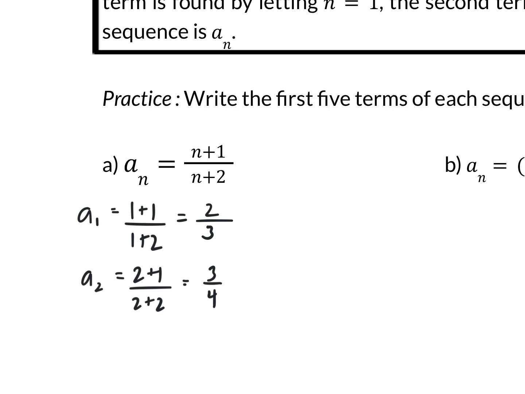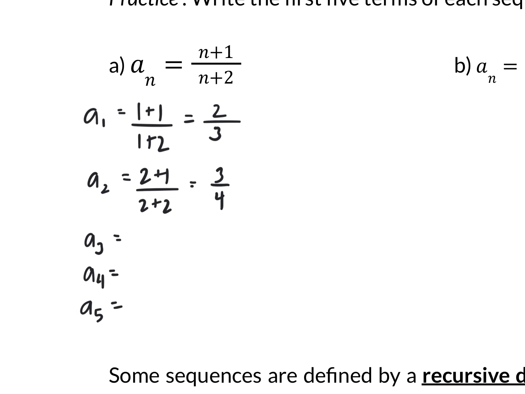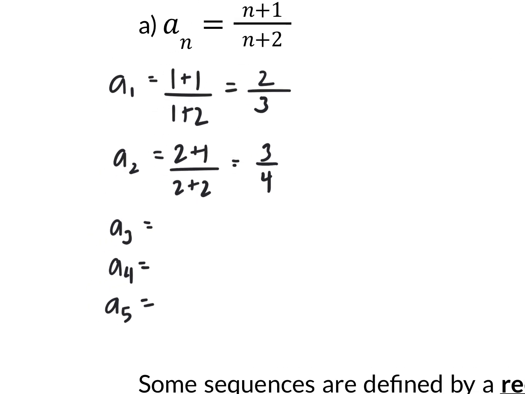Yeah, and that's okay. You do not need to show me the work for this, but go ahead and fill out what is a sub 3, a sub 4, and a sub 5. What are the third, fourth, and fifth terms of this sequence here? So we should have gotten 4 fifths, 5 sixths, 6 sevenths, yes?